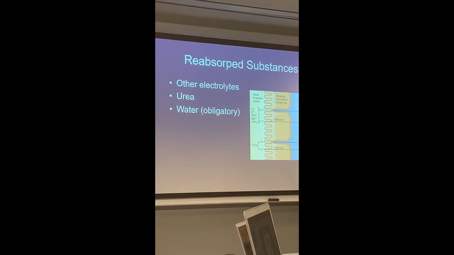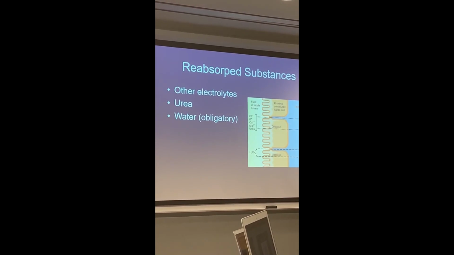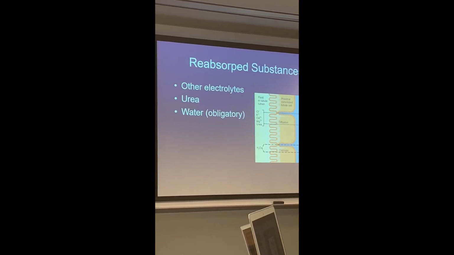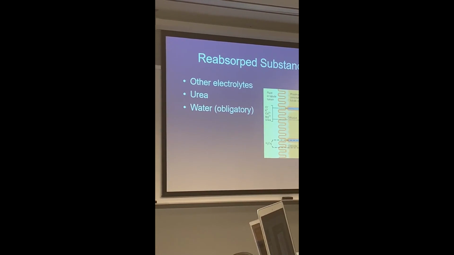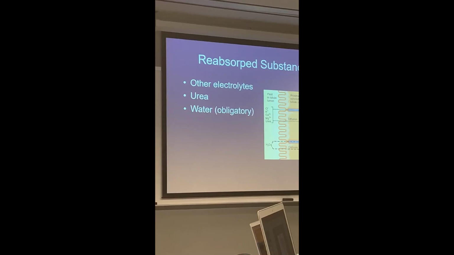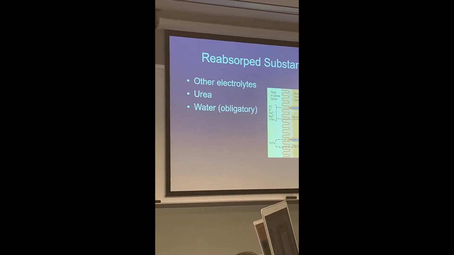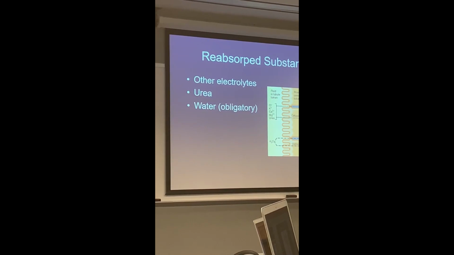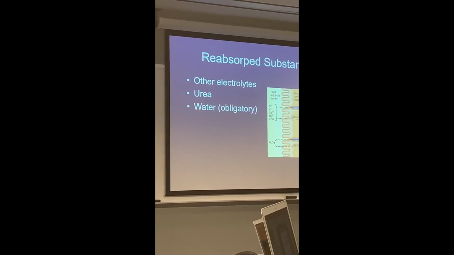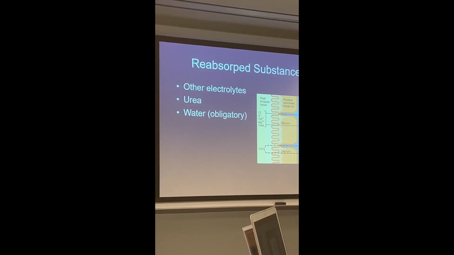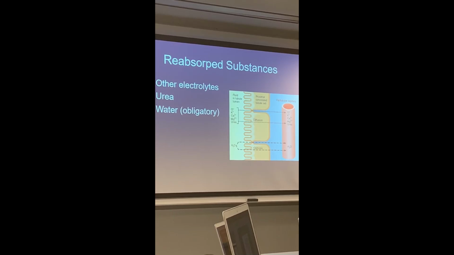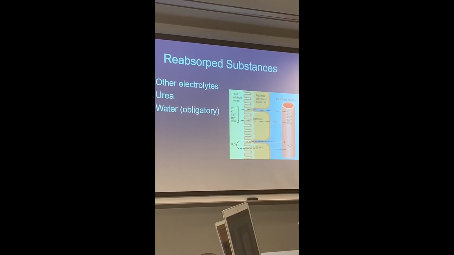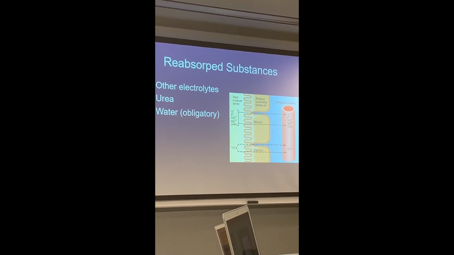Right? Other electrolytes are going to be moving in. Some of them will move in transcellularly by diffusion. Okay? We're going to reabsorb quite a bit of urea as well in that way. But then I want to mention water. In the proximal tube, we are reabsorbing most of our water. And this we call obligatory water transport. Why obligatory? Because these cells always have aquaporins in their membranes, water channels.